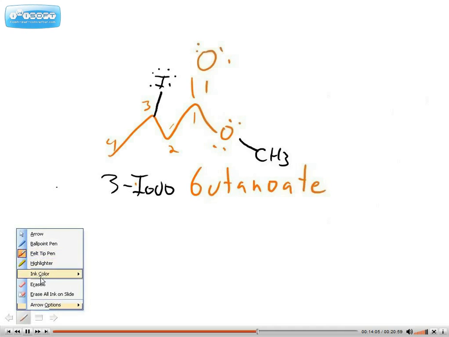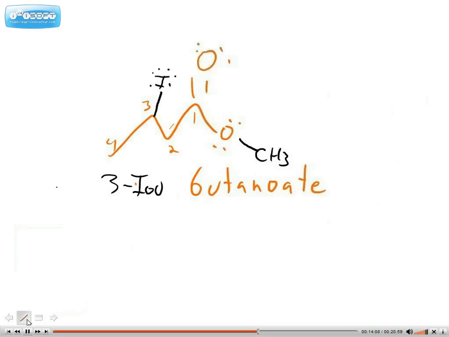Now there is no space in between, so let me write an exaggerated O. That O has been to Wendy's too much. Okay, so 3-iodo butanoate. Make sure to have my carboxyl alkyl group branch coming off. So in this case, this would be methyl, and notice the huge space in between.